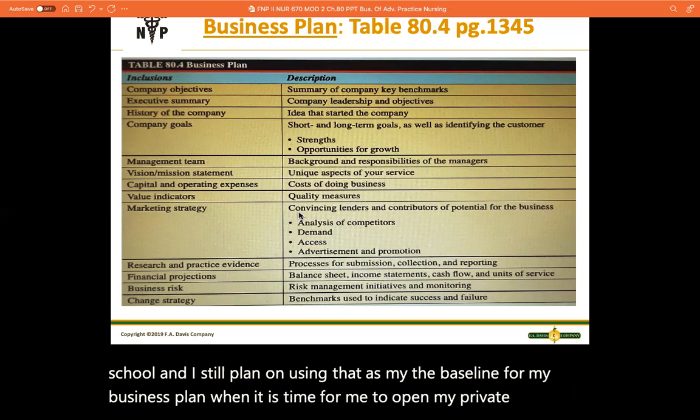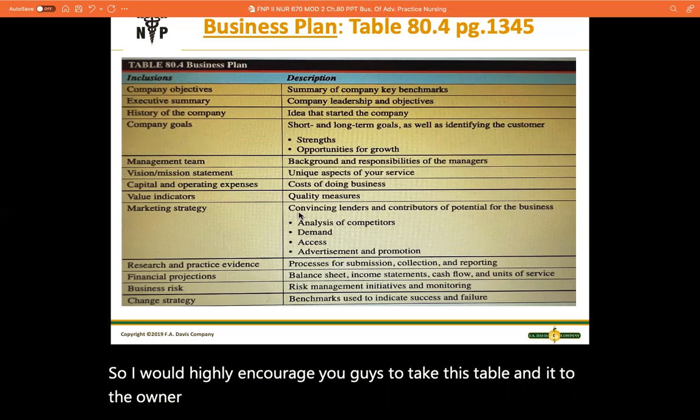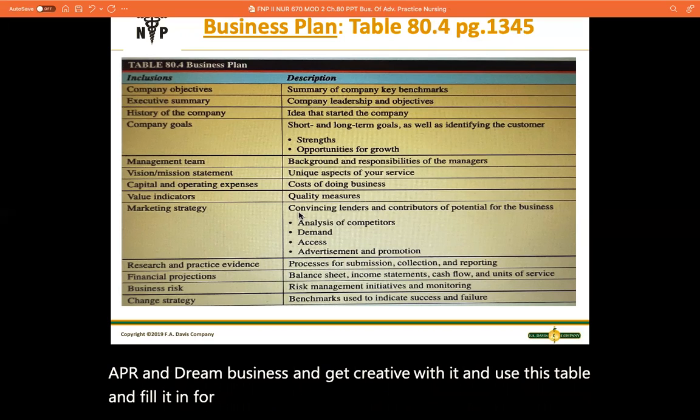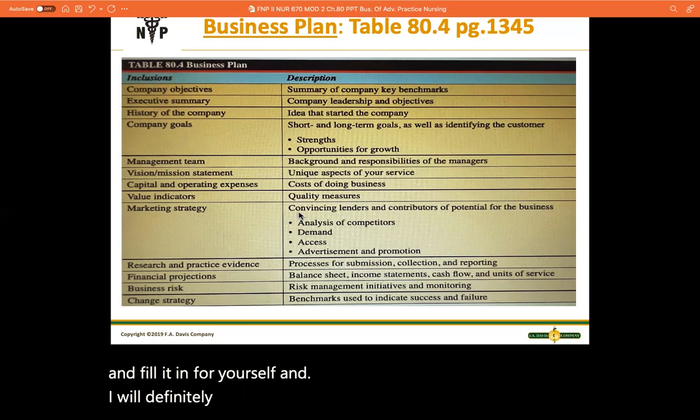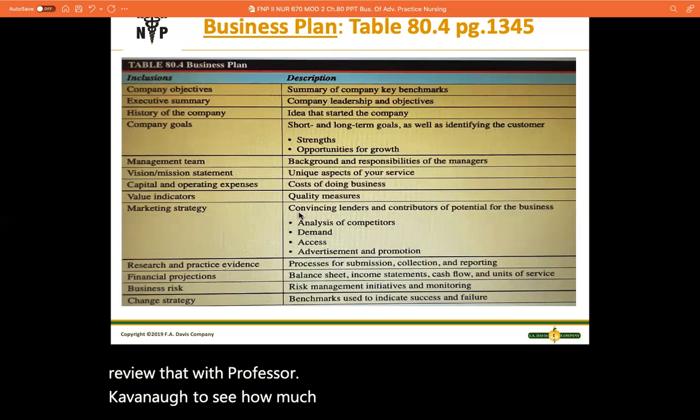So I would highly encourage you guys to take this table and apply it to your own dream business plan and your own APRN dream business, and get creative with it and fill it in for yourself. And I will definitely consider giving you guys some extra credit. I'll review that with Professor Kavanaugh to see how much extra credit I can give and where I can apply it.